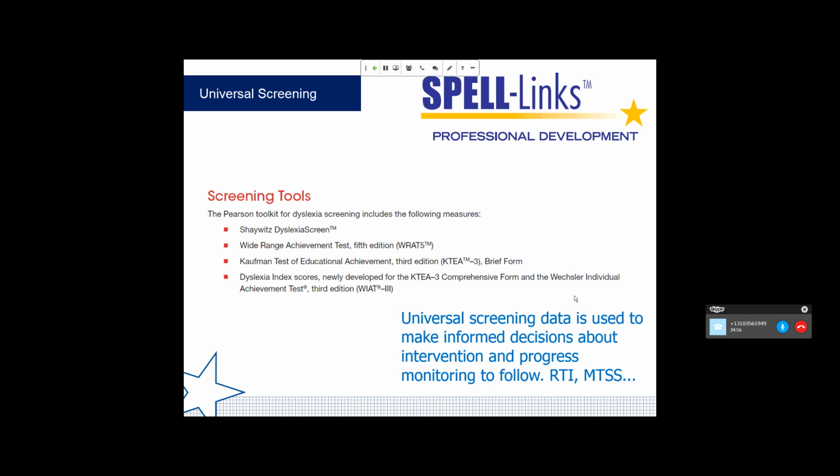Some of the screening tools that are included in the Pearson Toolkit for Dyslexia are listed here. And the goal here is to screen the students, and through the universal screening, collect data that can be used for making informed decisions about the intervention and progress monitoring to follow.